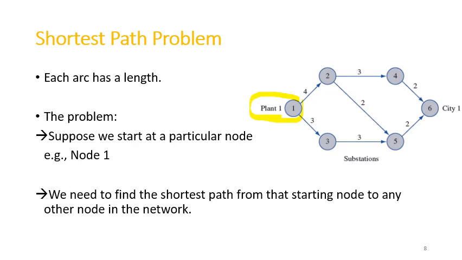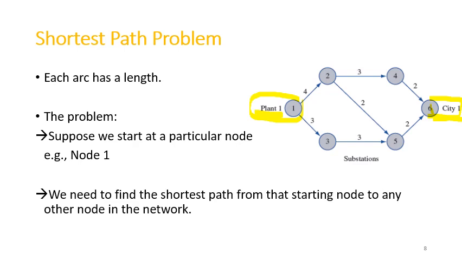Suppose our final destination is this location, node 6, which is city 1. So suppose the problem is we have to deliver something from our plant 1 to a city called city 1.